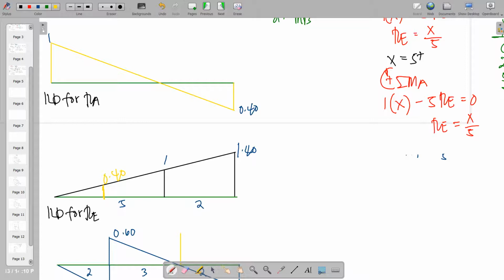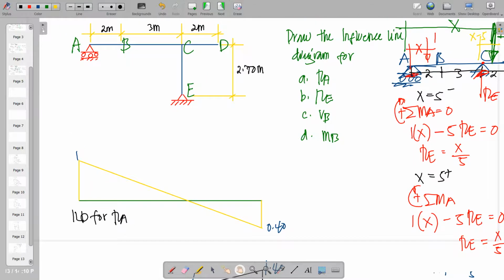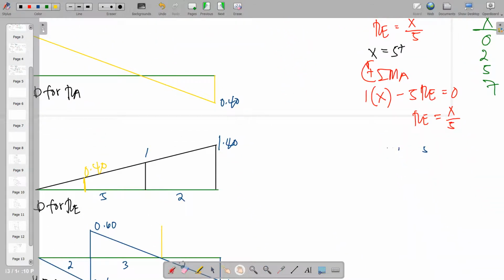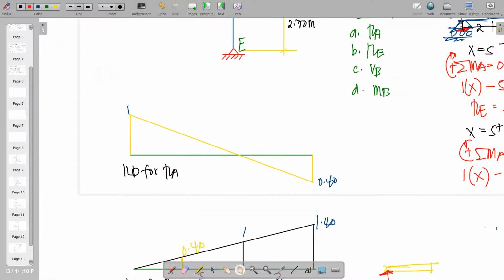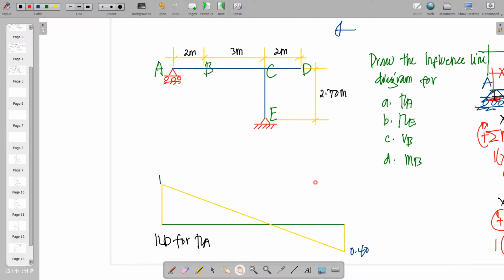So moving on to shear at B and moment at B. We'll just have to use this one, considering the left portion. So on the left portion, we can see that if we have this beam, there will be RA in it, okay? So B is 2 meters, or A to B is 2 meters.